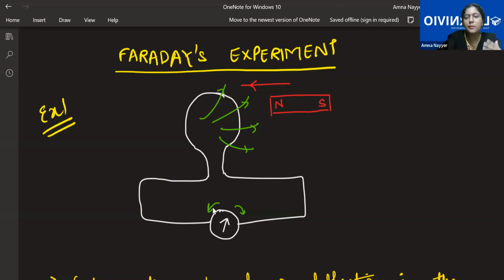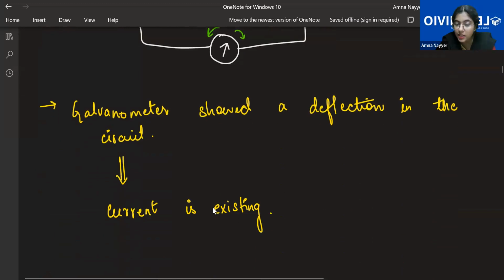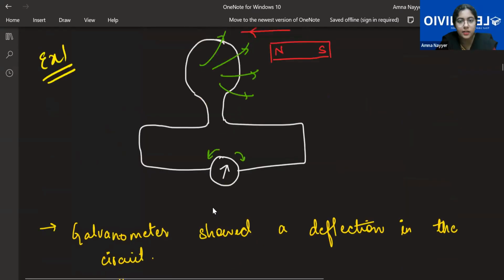So when the bar magnet came near the coil, there was a deflection. Isn't it reverse to what we've already studied? Now the magnetic field is causing the current to come. The galvanometer showed a deflection, showing a current exists. Got it?